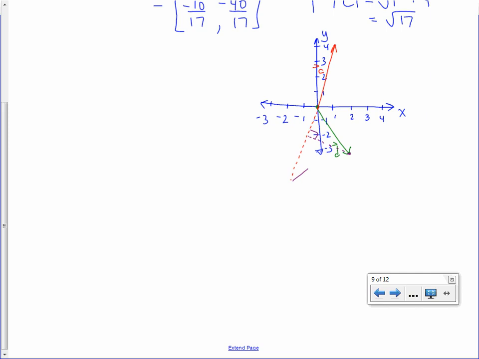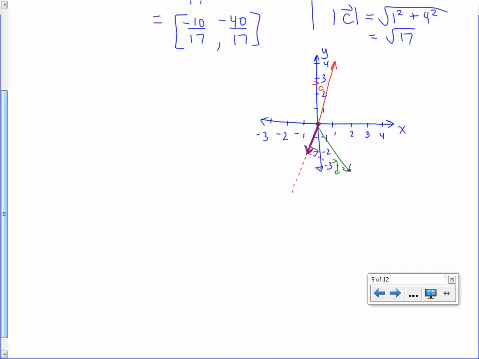Sure. Okay. So right now, by dropping this perpendicular, I'm basically creating the shadow or the projection of D onto C. So this little purple vector here, do you guys get that's the vector projection of D onto C? And I want you to think about negative 10/17 and negative 40/17.